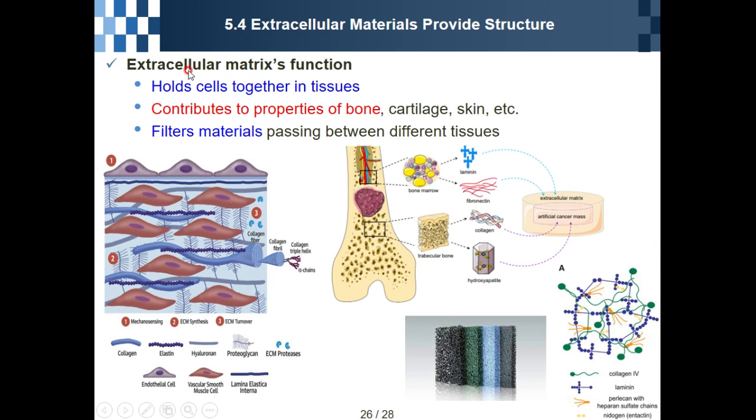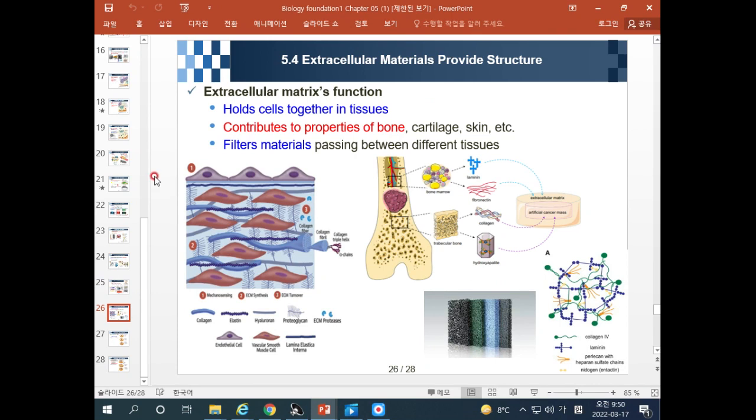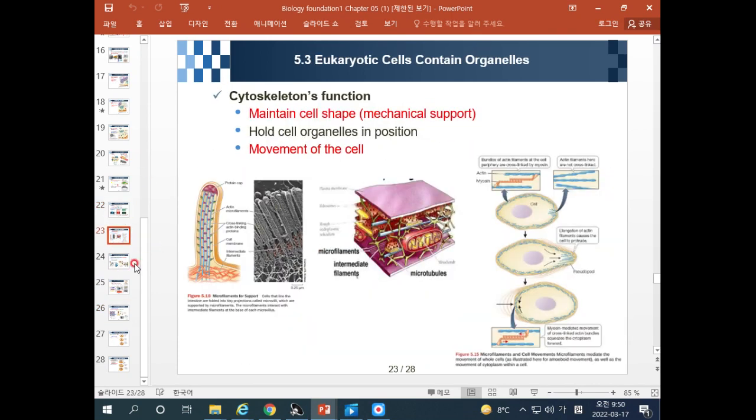The main function of the cytoskeleton within the cell holds the cell organelles in position. For example, the cytoskeleton holds the mitochondria in that position.